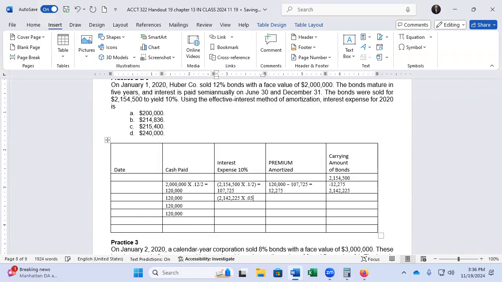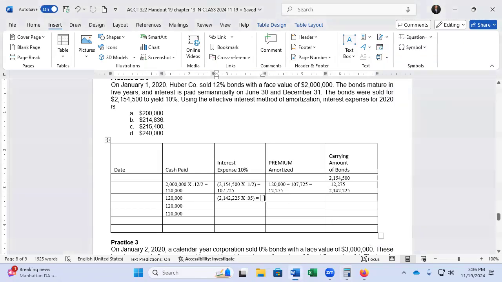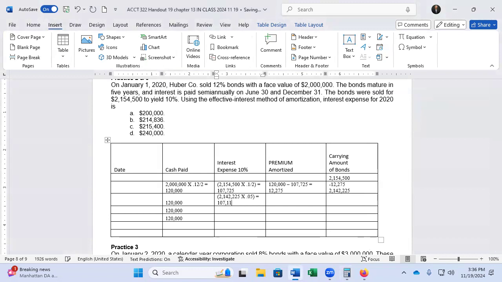Again, we multiply by 0.05. And we get 107,111. The 120 minus 107,111.